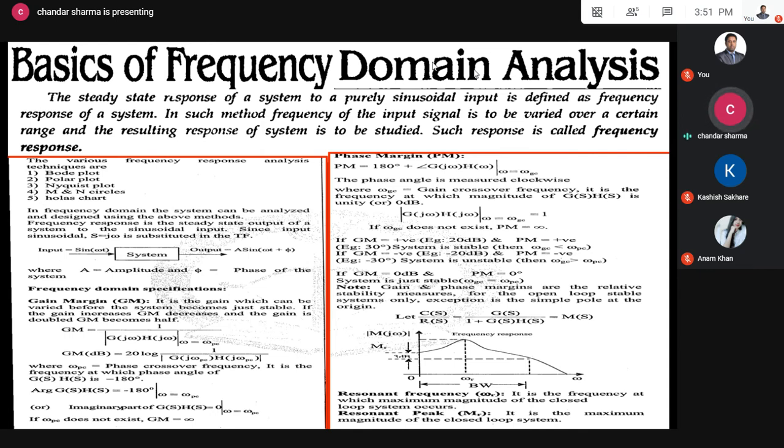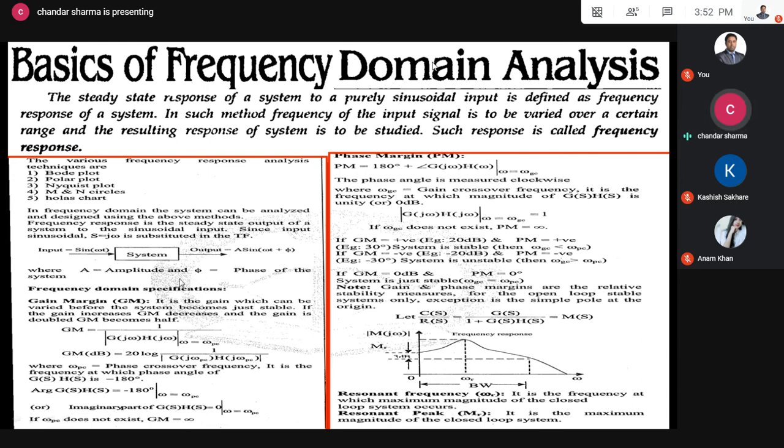Frequency response is the steady state output of a system to the sinusoidal input. Since input is sinusoidal, s equals j omega is substituted in the transfer function. You can see when I give a sine input to the system, the output is also sinusoidal, where B is the amplitude and phi is the phase of the system.